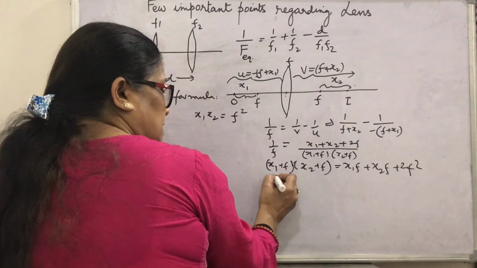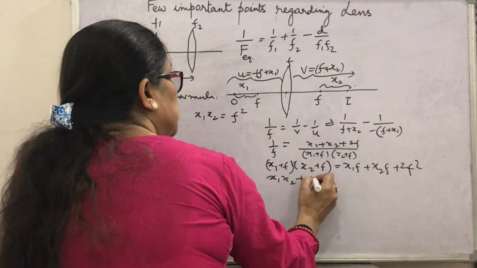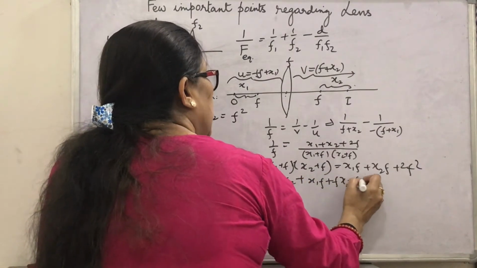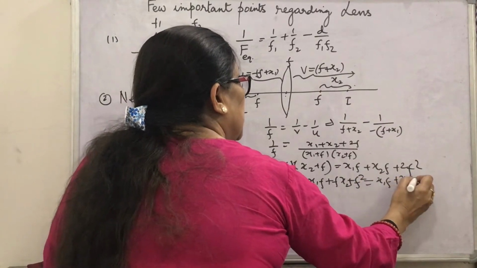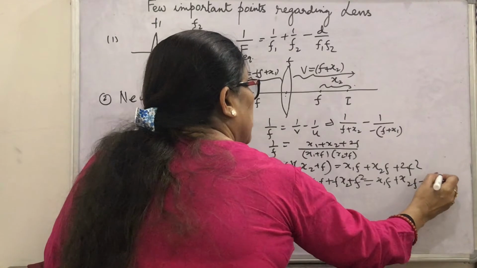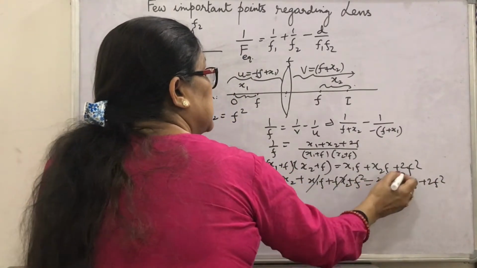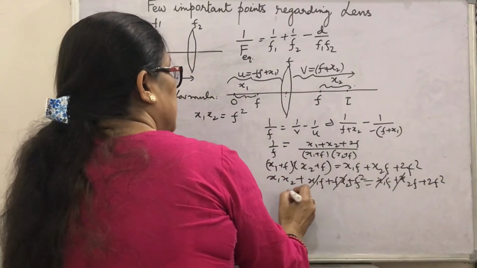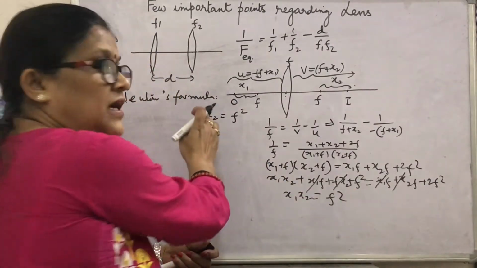Open the bracket: x1 x2 plus x1f plus f x2 plus f square equal to x1f plus x2f plus 2f square. Look, this will be cancelled, and of 2f square, one f square goes to that side. What is left? x1 x2 equal to f square, as written here.